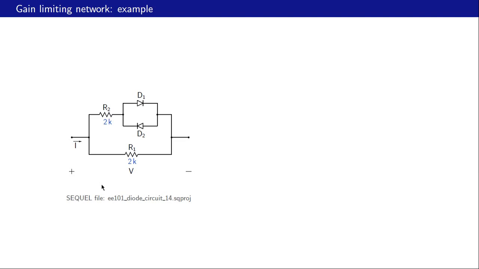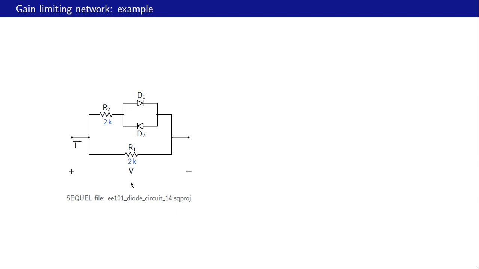Okay, here is a gain limiting network example, and exactly how we are going to use it we will not comment on right now. We will look at some oscillator circuits later and see how that fits in. Right now our interest is what this I looks like as a function of V. When these diodes are not conducting, the only resistance in the picture is this R1, and therefore I versus V will have a slope of 1 over R1.